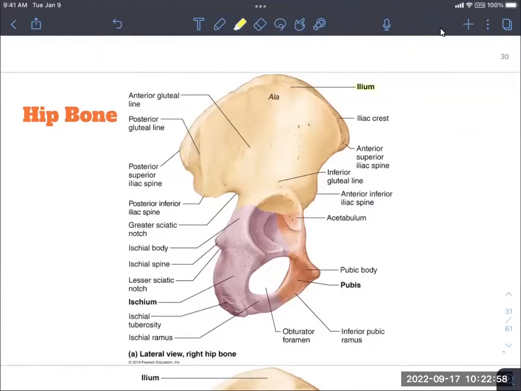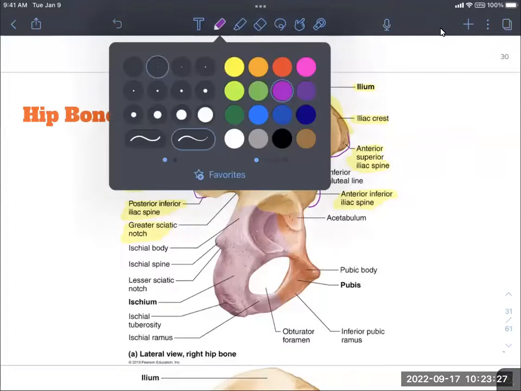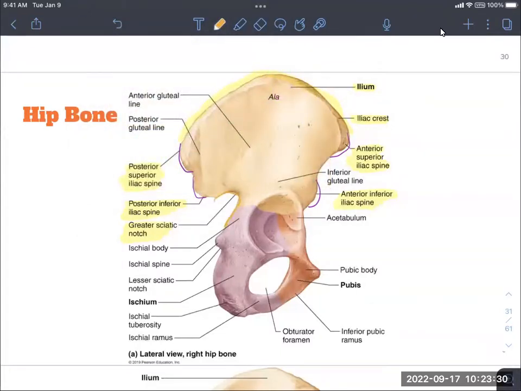So that ilium across the top has that iliac crest that follows right along the top. We have the anterior superior iliac spine, anterior inferior iliac spine, but we also have a posterior superior iliac spine and a posterior inferior iliac spine. We have a greater sciatic notch, which is made up by this through here.